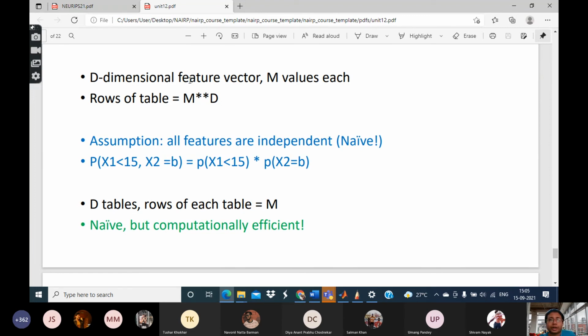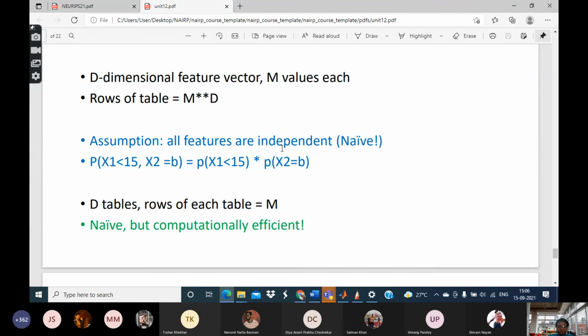Instead of m power d, you are getting m into d rows. So that's a large reduction, right? Instead of having something like 2 to the power 10, we are now having 2 into 10. That is, instead of 1024 rows, now only 20 rows will do. So that's a huge reduction of computation.